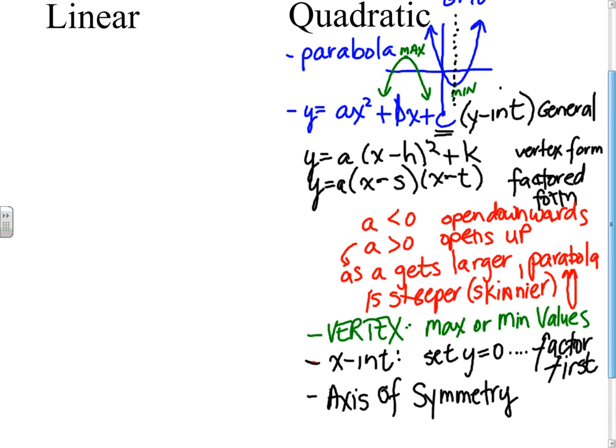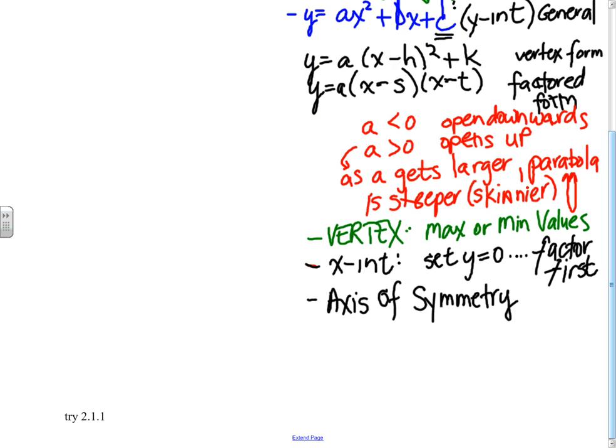For example, y equals x squared plus 5x plus 6. We know that the y-intercept is 6, just like on the line. We know that there's an invisible 1 right here, so it is not skinnier or wider than a regular parabola.